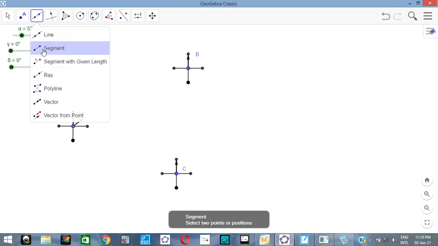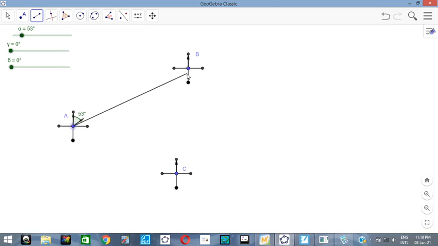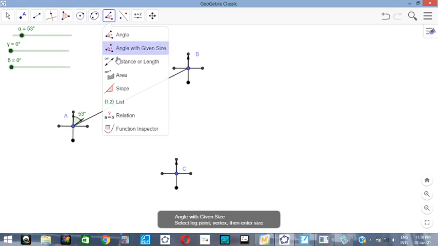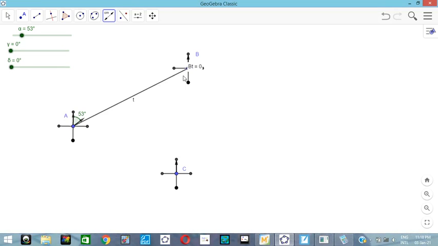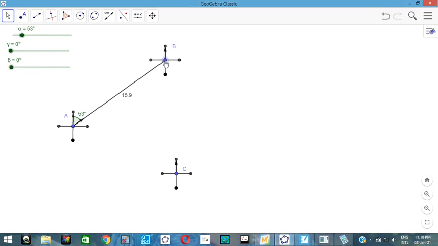Then you need to move from here down to B. Before I position my B, let me put in my length. Remember, the length is 15 meter. So let me balance it with the direction. So 15 meter.